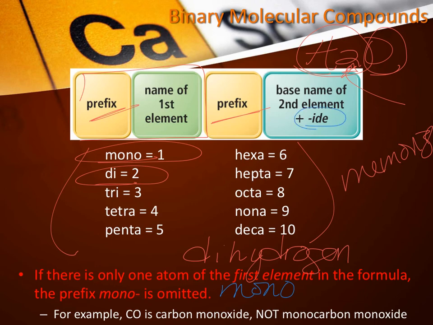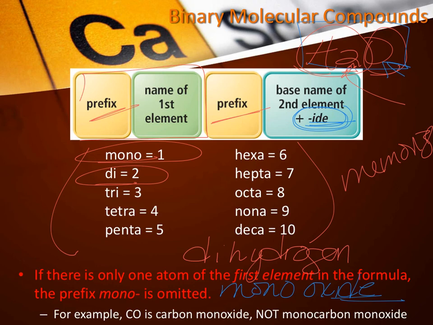Now, even though that's called oxygen, in a covalent compound, the second element is named with the ending -ide. So instead of saying monooxygen, you would say monooxide. So the technical name for H2O is dihydrogen monoxide.